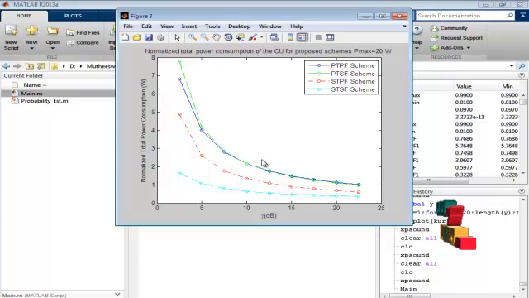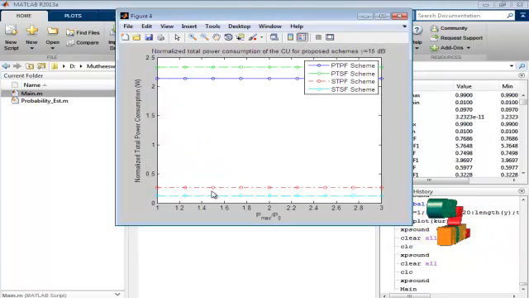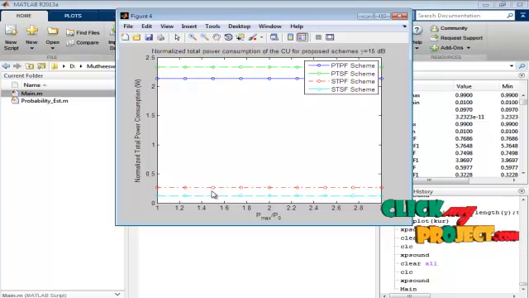Here this is the normalized total power consumption graph of the cognitive users for our proposed schemes by varying the lambda value. Here we compare the four schemes for normalized total power consumption, and this is the normalized total power consumption graph by varying the Pmax divided by P0 values of our cognitive users.